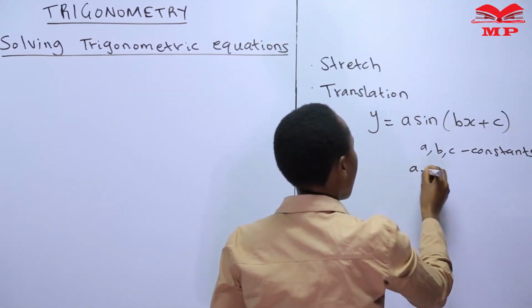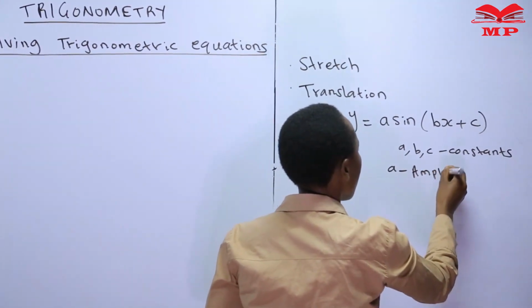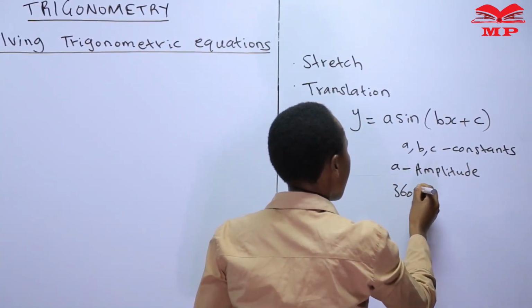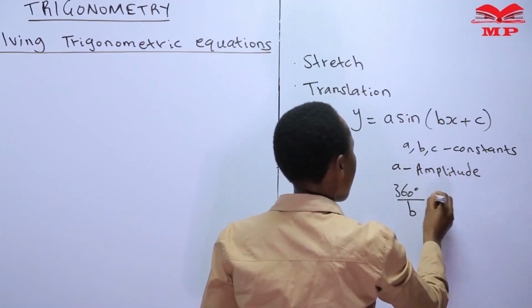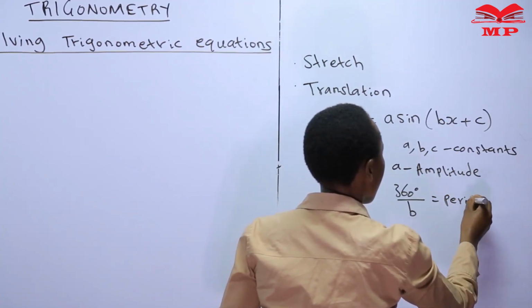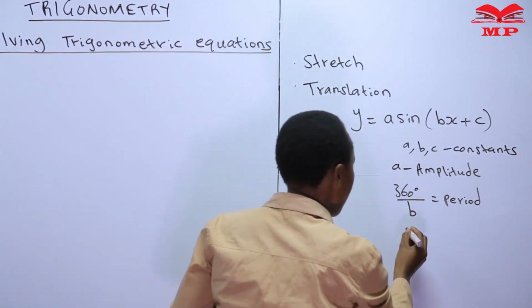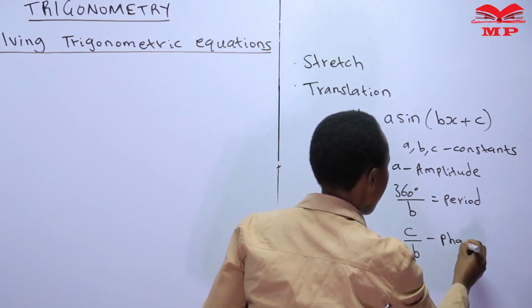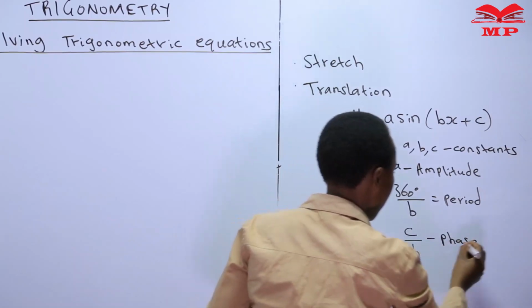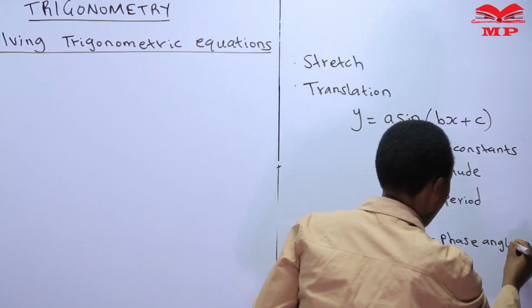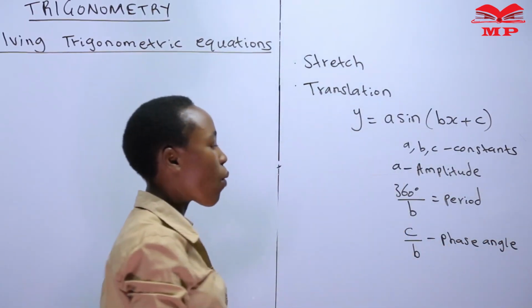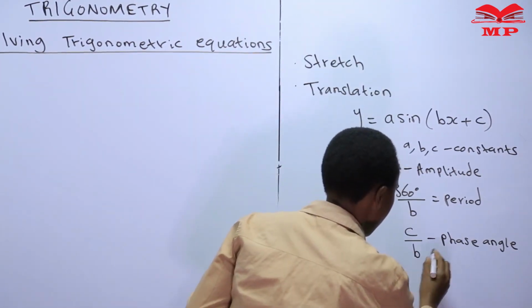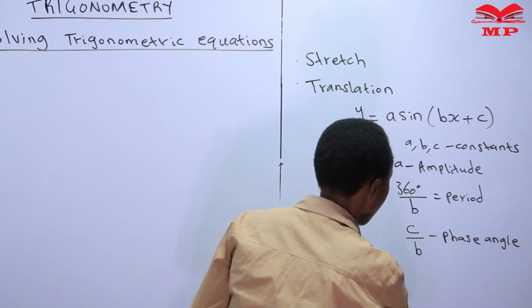We say that a is the amplitude. Then 360 degrees divided by b is the period. Then we have our c all over b, which is the phase.